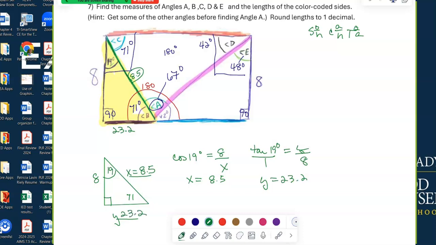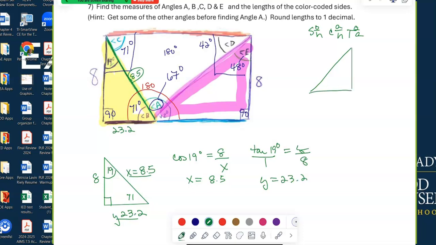Now why don't we work in the triangle to the right. Let me just change my thing to that. Let's work in here, in that triangle. I'm going to redraw it over here.